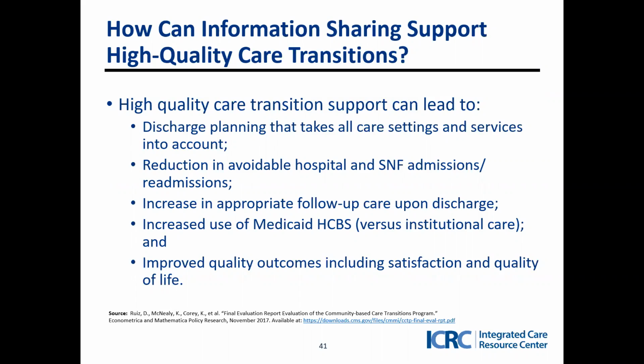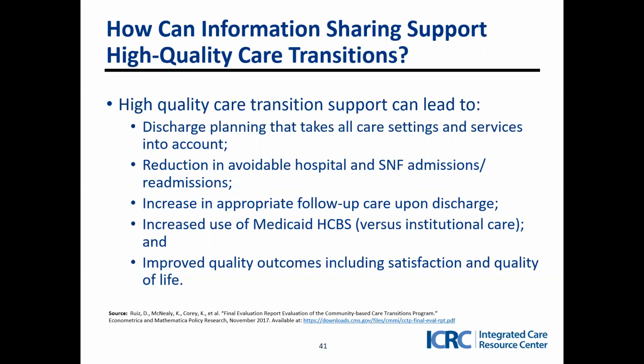While considerable progress has been made in reducing hospital readmissions for Medicare beneficiaries, it's well understood that inadequate transition planning and communication failures can lead to readmissions. And for those of you who are familiar with supporting individuals in HCBS settings, it can result in individuals who would otherwise prefer to stay in community settings being admitted or readmitted to Medicaid nursing facilities or repeated hospital or Medicare SNF stays.